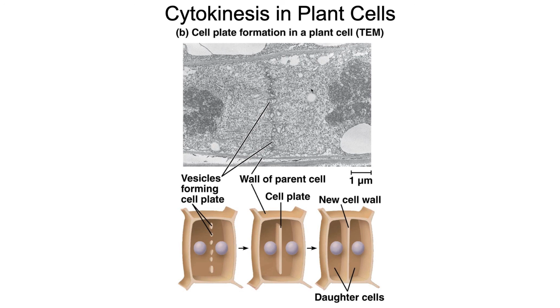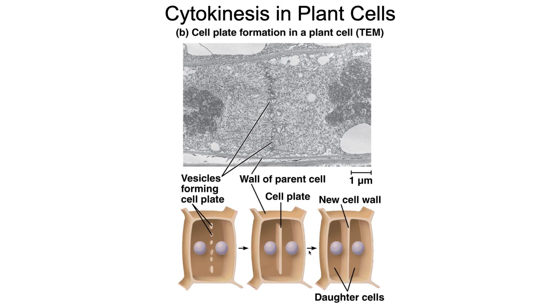So instead, you get these little vesicles forming that separate one cell from the other cell that's going to eventually emerge. These vesicles then fuse to form what's called the cell plate, and then that cell plate grows to separate the two cells from one another.